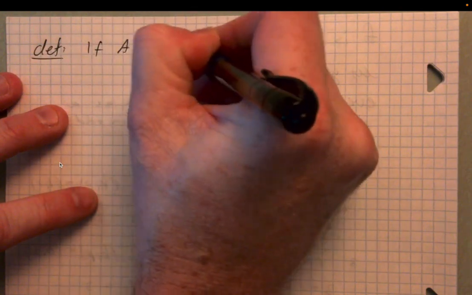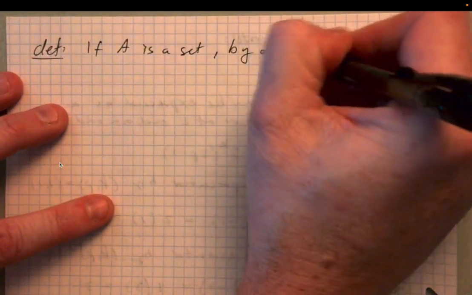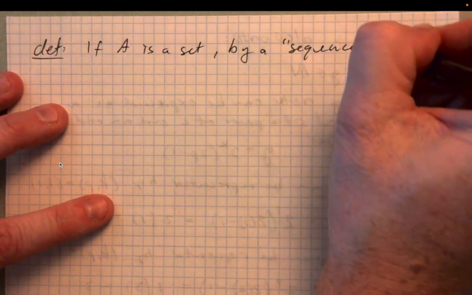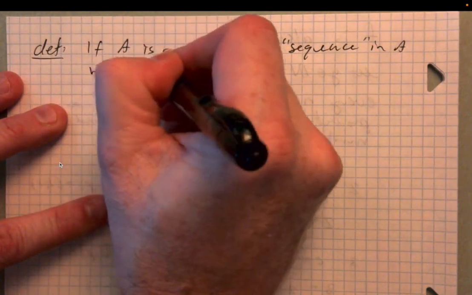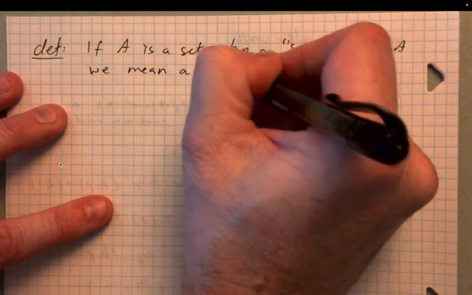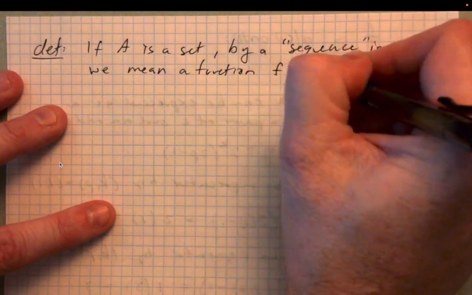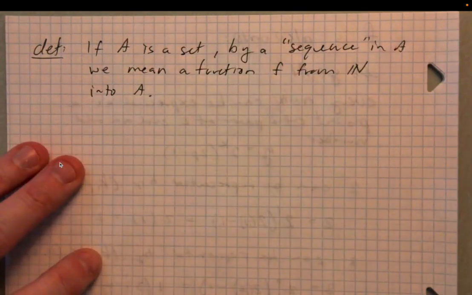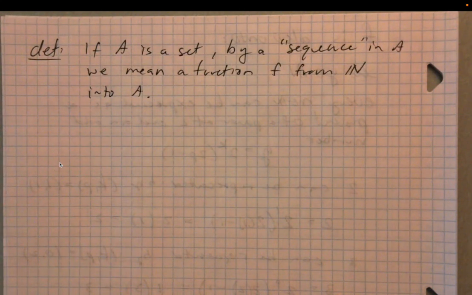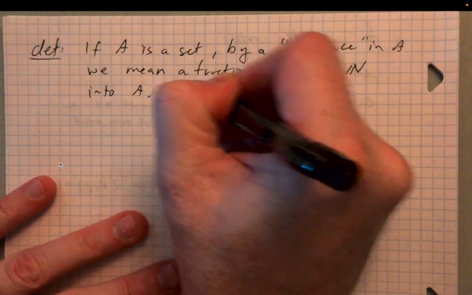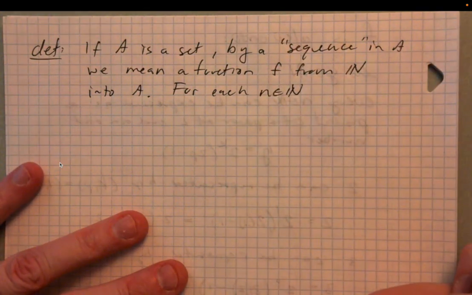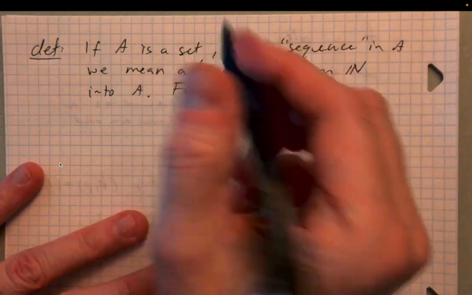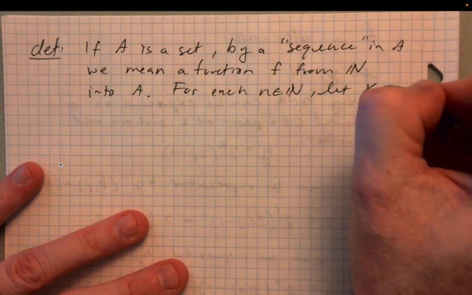Okay. So we say if A is a set, then by a sequence in A, we mean a function f from the natural numbers into A. Now, for each n in N, we let x sub n equal f of n.